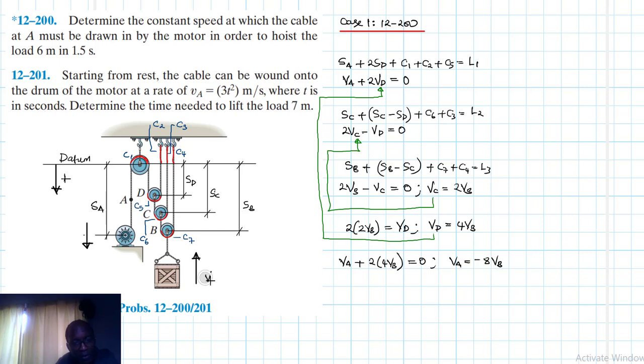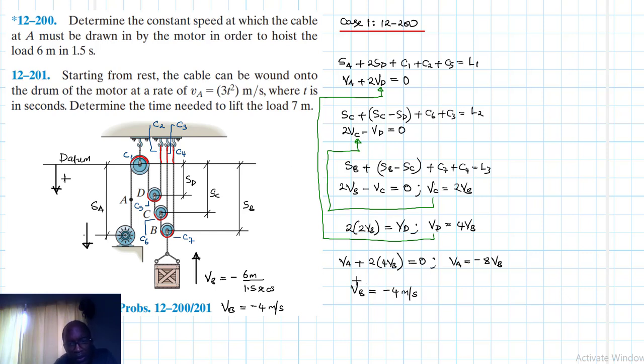So VB will be minus, because we have taken going down as positive, minus 6 meters divided by 1.5 seconds. Therefore VB is equal to minus 4 meters per second.